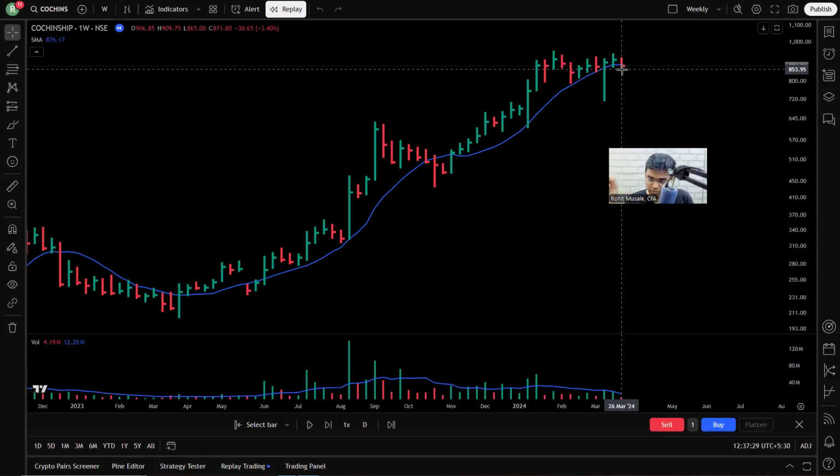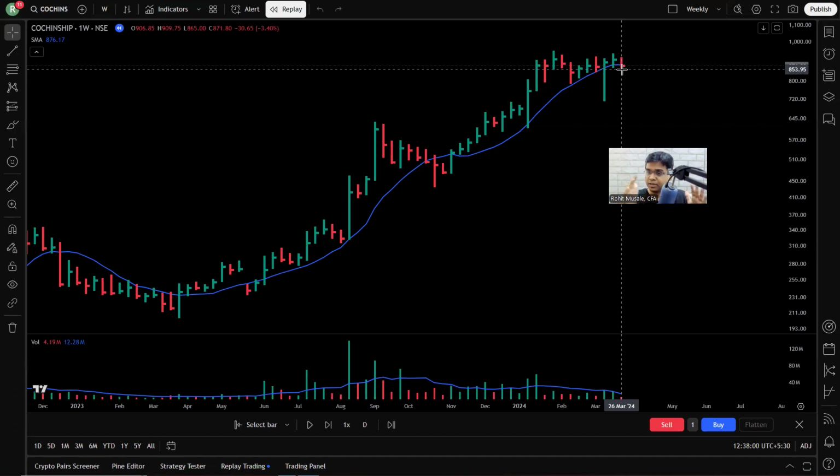that this stock may not show up in our filters. Remember, in our filters, we have one criterion which says price versus the 50-day simple moving average. The price should be above the 50-day simple moving average. Now that blue line here is not the 50-day simple moving average. It is the 10-week simple moving average. These are two different indicators because they come on different time frames.